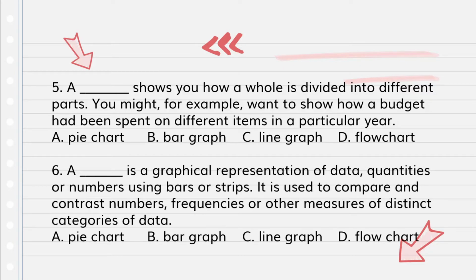6. A blank is a graphical representation of data, quantities, or numbers using bars or strips. It is used to compare and contrast numbers, frequencies, or other measures of distinct categories of data. A, pie chart, B, bar graph, C, line graph, or D, flow chart?